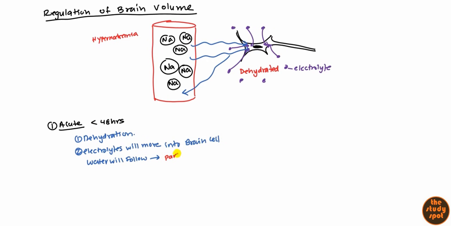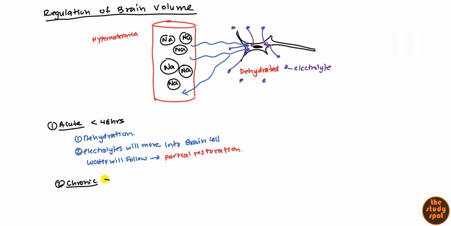As water goes in there, it can lead to a partial restoration. It's not enough to completely restore the fluid in the neuron, because of course it's not going to be able to offset sodium, but it can do it partially. So this is in the acute stage, within 48 hours.